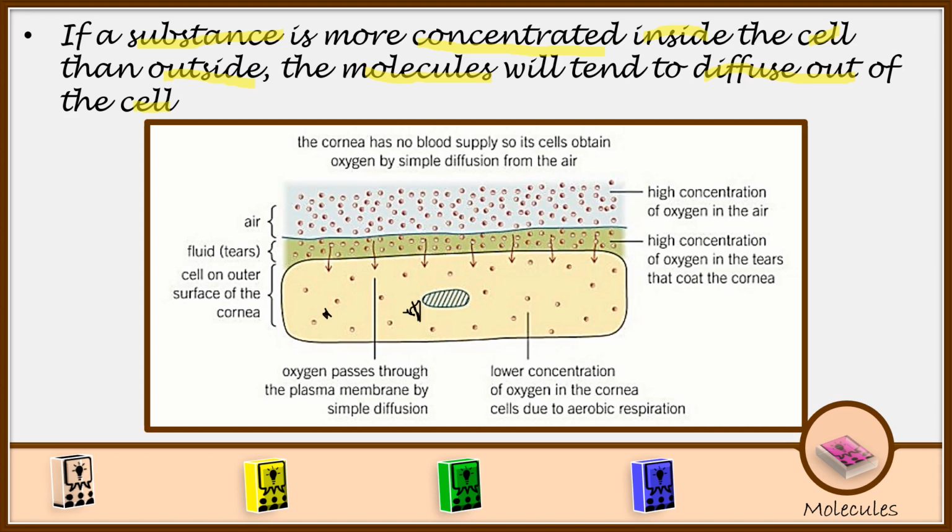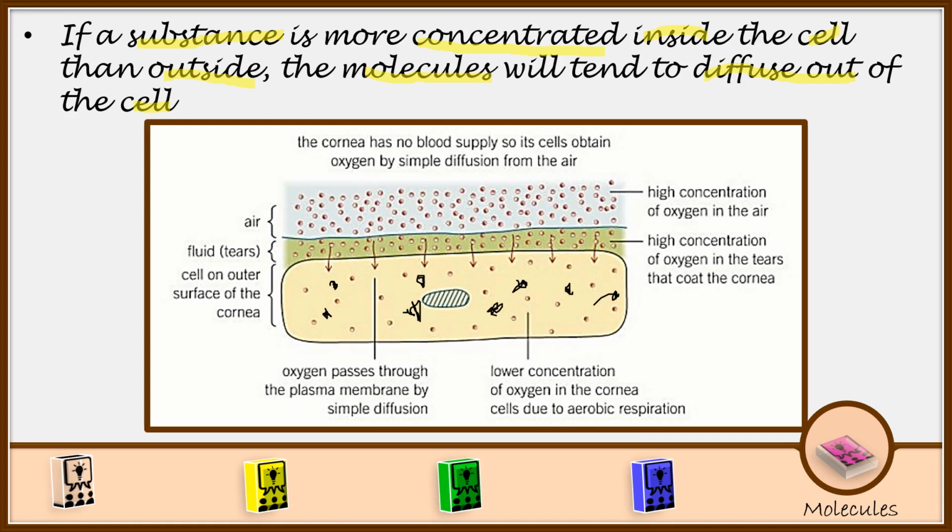This carbon dioxide is going to be more concentrated in the cell, and as it is more concentrated inside the cell, the carbon dioxide is going to diffuse out of the cell.